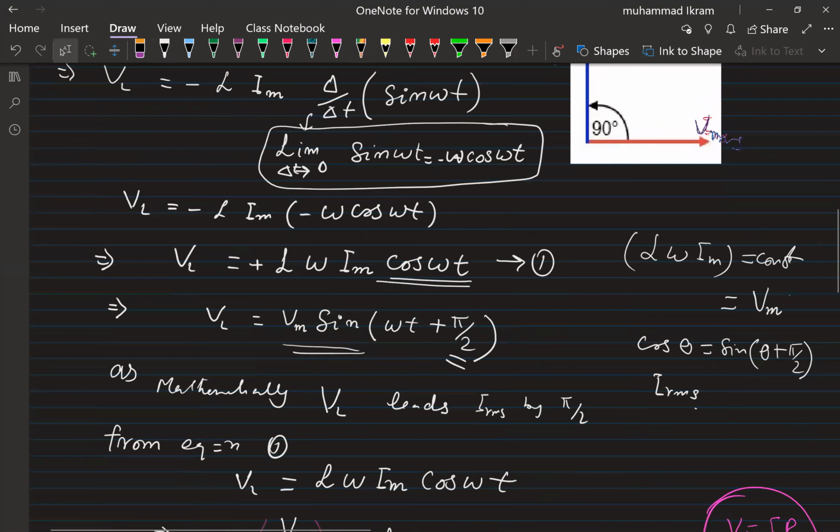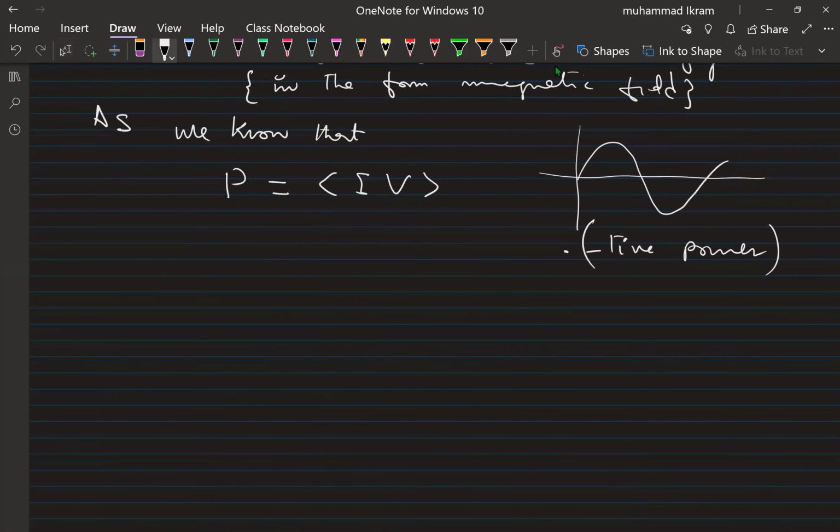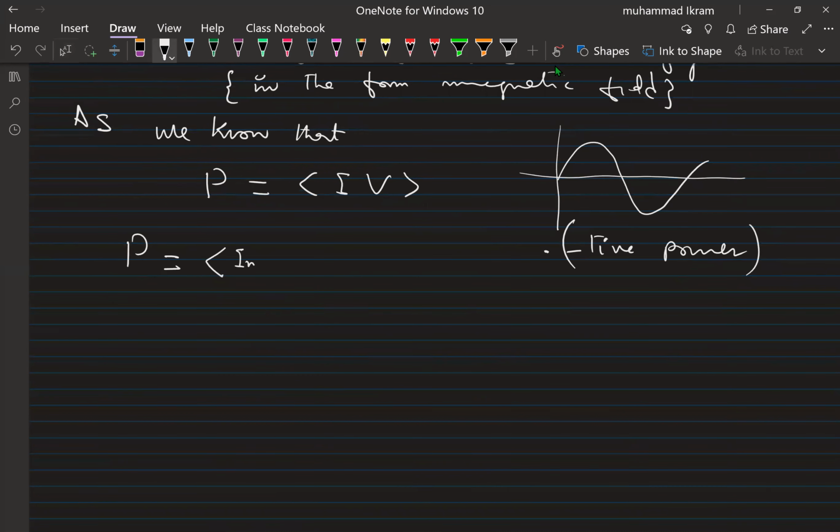So look now, if we want to calculate this in a simple way, power equals I into V, here I will be writing Im sine omega t into Vm sine omega t, like this.